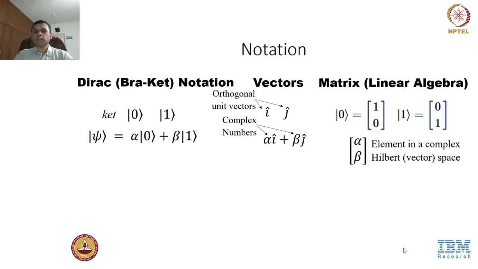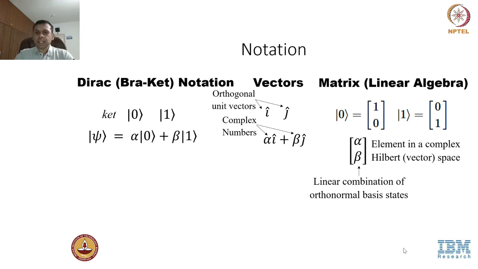The equivalent of this in matrix or linear algebraic terms is a column matrix with a single element in each row. And this element is actually an element in what is called a complex Hilbert space, which is a vector space.